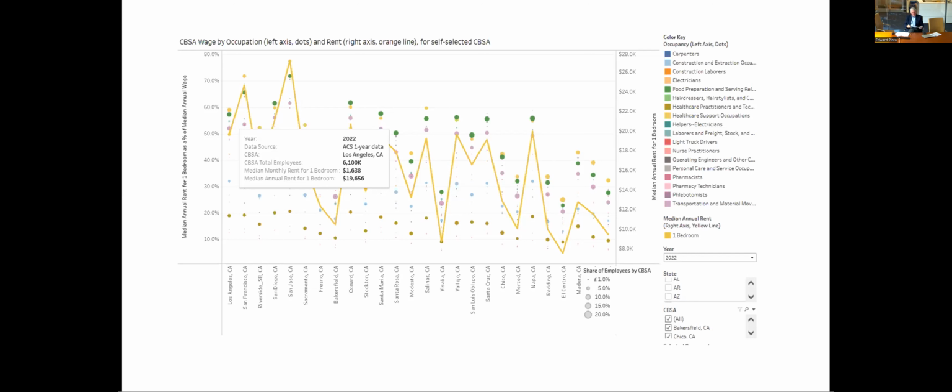And you can see that with the exception of San Francisco, these lines tend to trend down, but you also have some places. So Riverside, San Bernardino is in a much better position than LA, but you also see some places. Napa is pretty high. I think San Diego was relatively high.